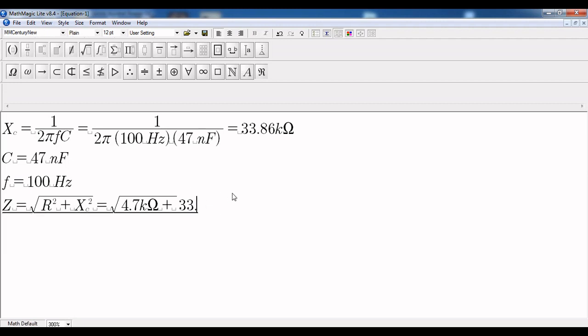Again, I forgot to include it under the square root sign. So let's try computing that one. Oops, I forgot the squared.